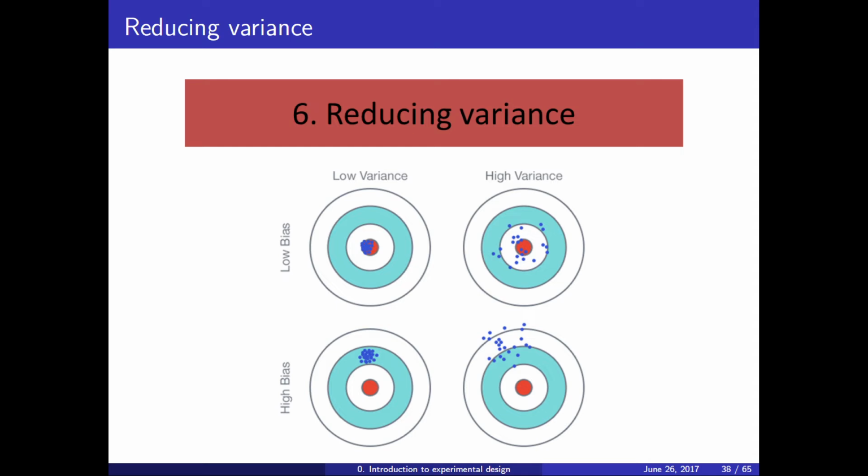If you repeat your experiment, you don't always get 5, but you get a very close number, like 4.9, 5.1, 5.05. So you get very low variance. And if you compute the average of all these experiments, you get the true average, that is 5.